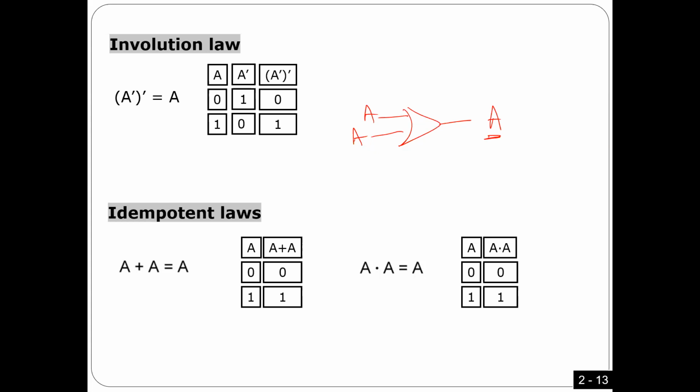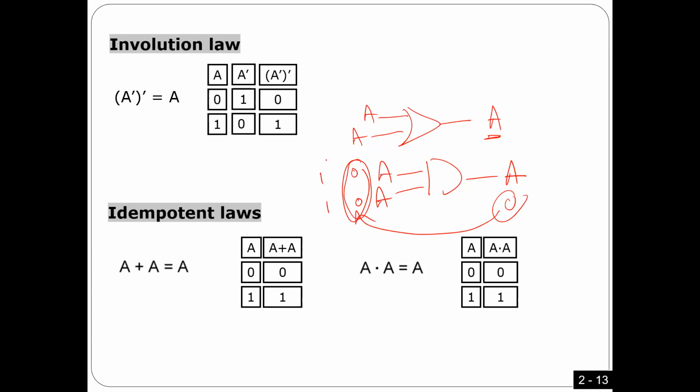What I'm saying. And you have the two. Same thing here for AND. If you do here A AND A, I'm going to get A. Again, I have only two cases, either 0, 0 or 1, 1. This is the only two cases I have, right? So in case of 0, 0, I'm going to get 0. So it's similar to A, right? If the two inputs are 1, 1, I'm going to get here 1. It's similar to A. Any questions?